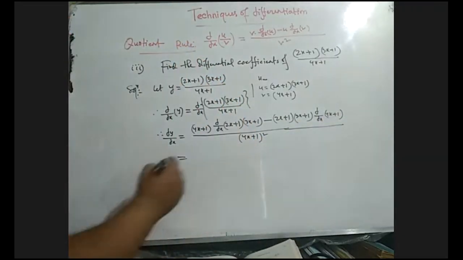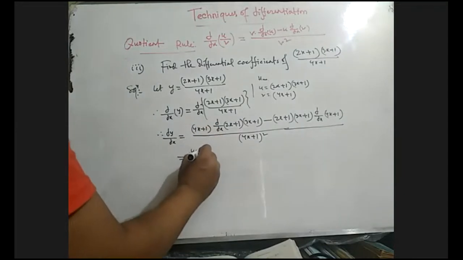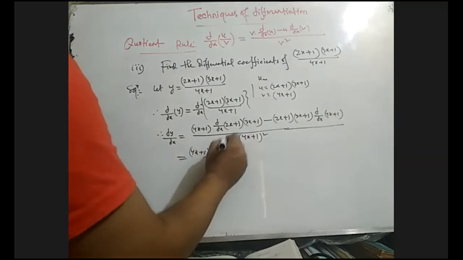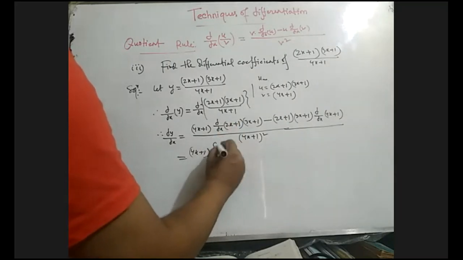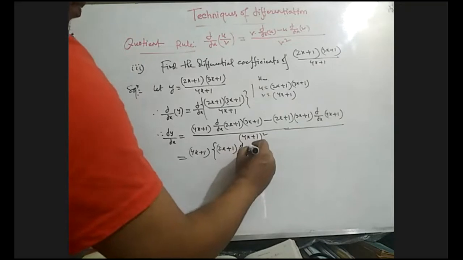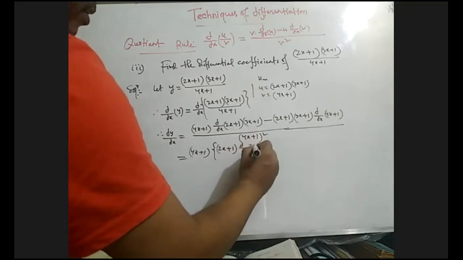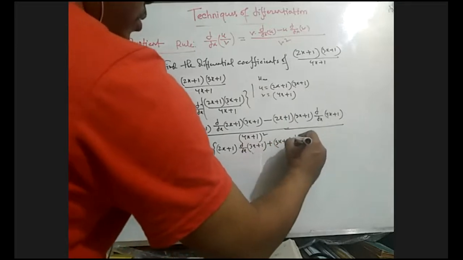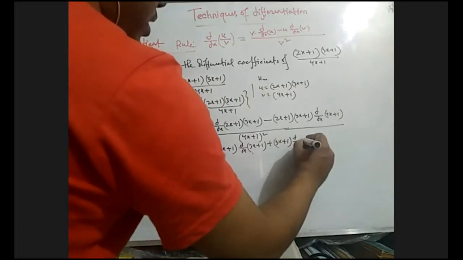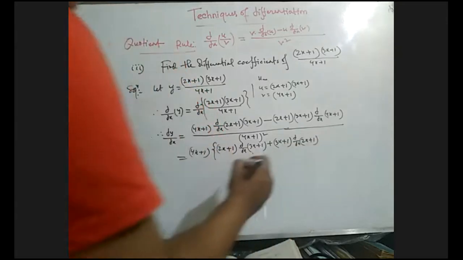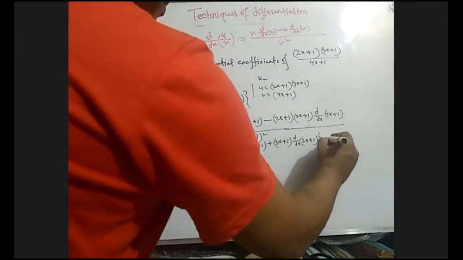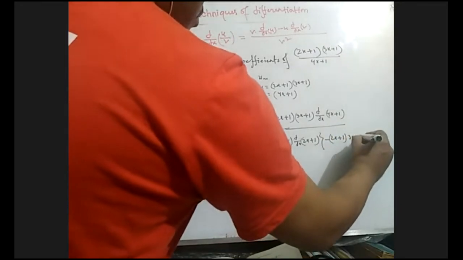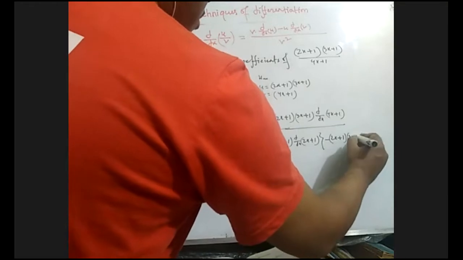Now d/dx of uv: u into d/dx of v plus v into d/dx of u. Understand everybody? Minus, this is (3x plus 1).